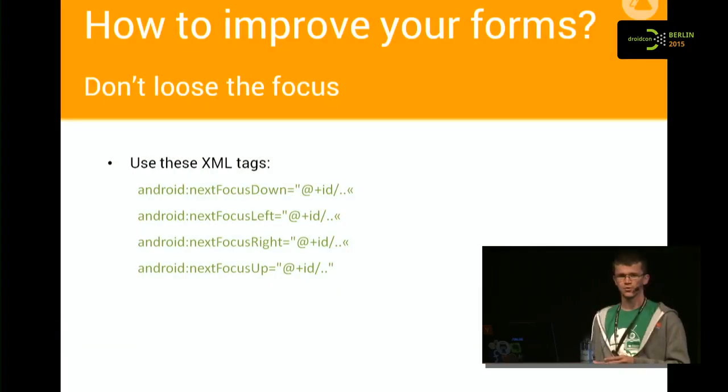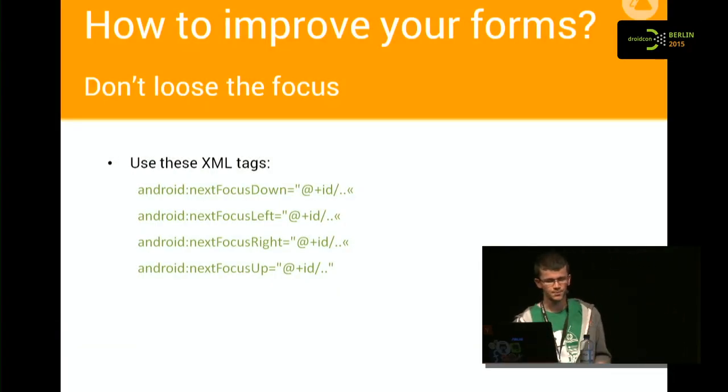And one thing that we usually don't do on Android is to set up these XML tags, which are nextFocusDown, nextFocusLeft, nextFocusRight, nextFocusUp. These XML tags take a view ID, and if you set them properly, the system will directly understand which edit text will have the focus after you're done writing something in the previous one.